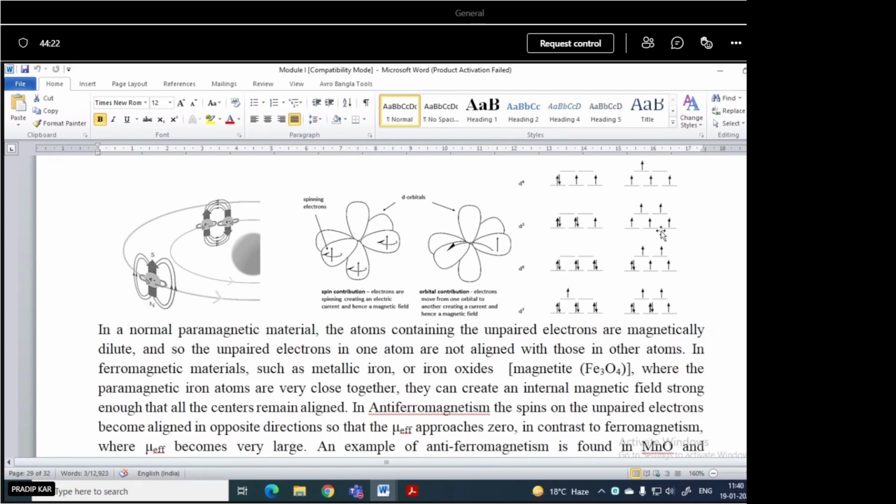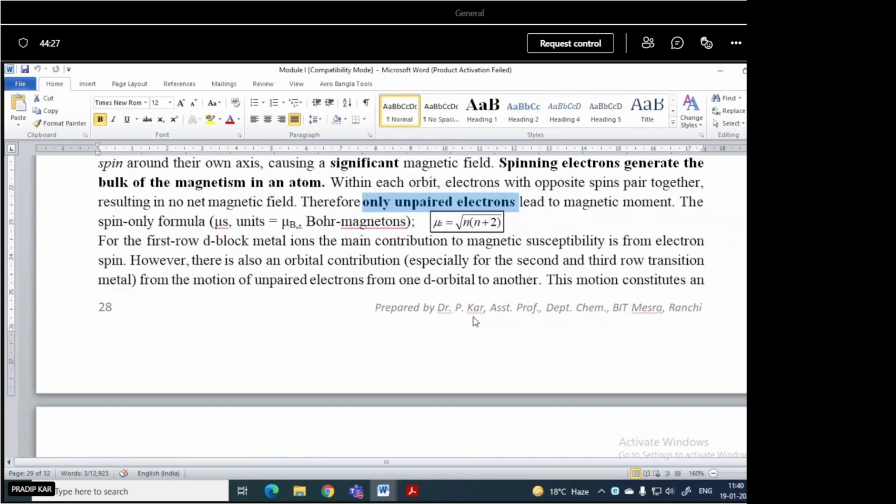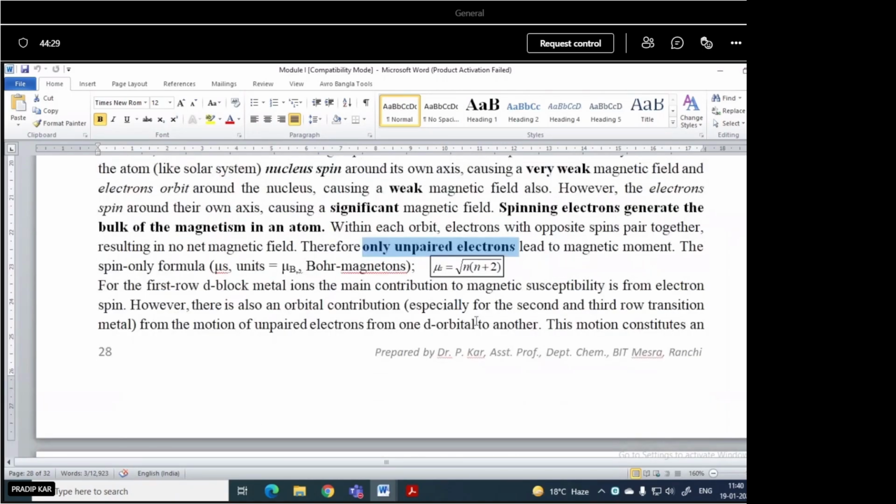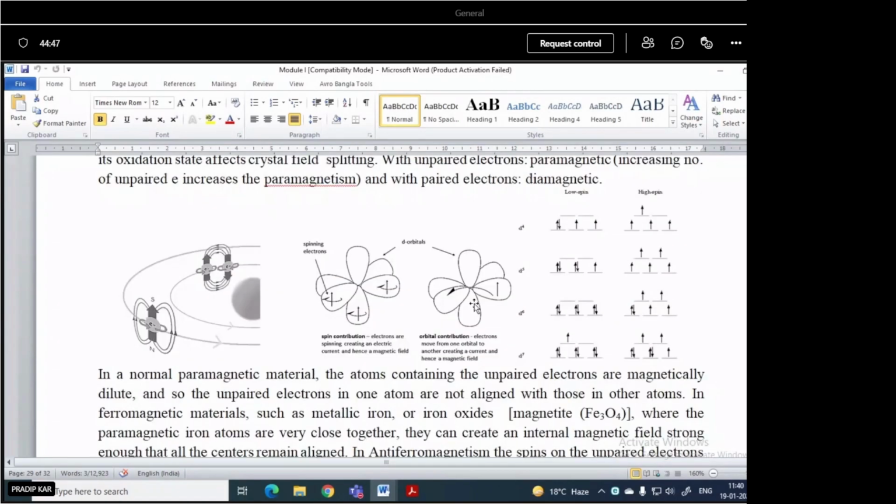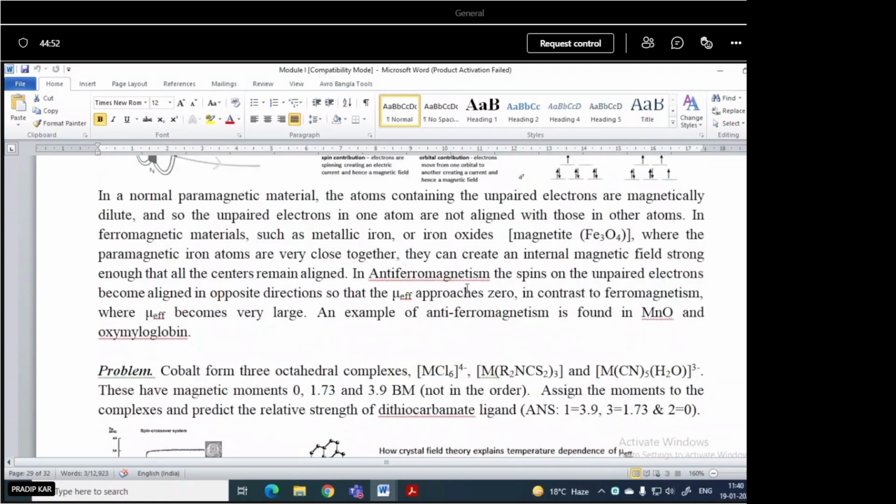So you can verify it by knowing the number of free electrons, and it has been observed that the experimentally determined magnetic moment comes very close to the predicted one. So it is a hypothetical formula which gives a value very close to the experimental value for the coordination complex. Is it clear?